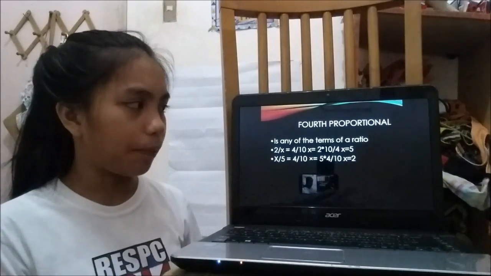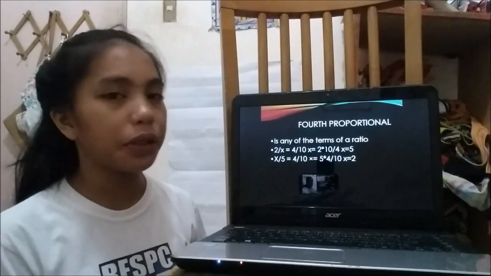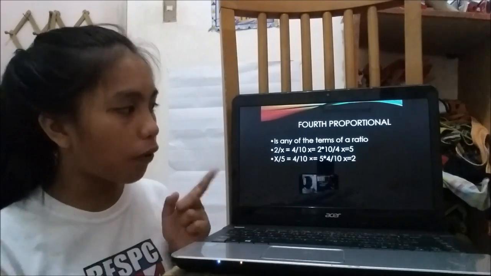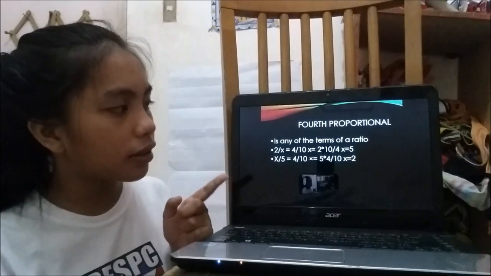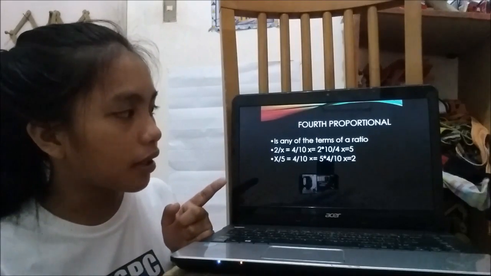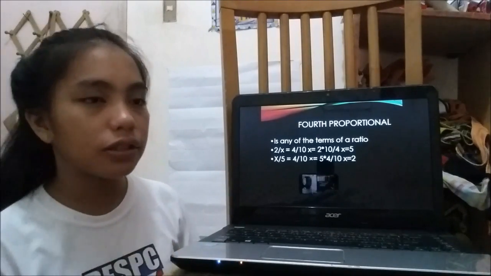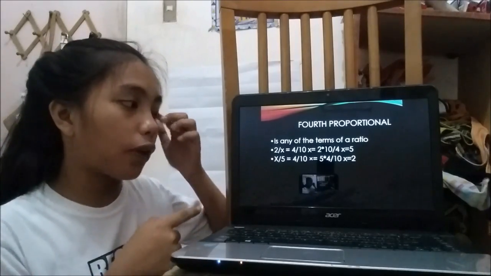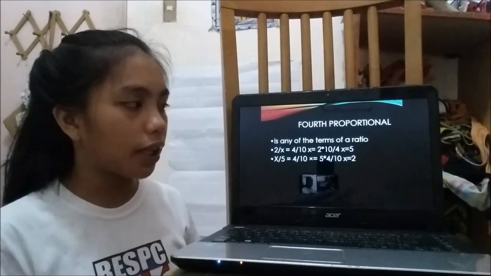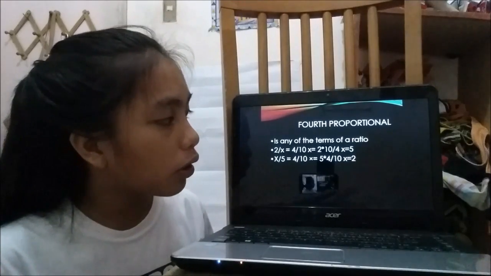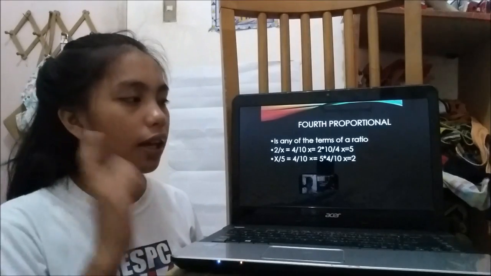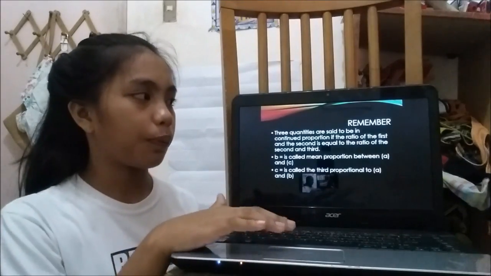Fourth proportional is any of the terms of a ratio. 2 over x is equal to 4 over 10, x is equal to 2 times 10 over 4, so x is equal to 5. x over 5 is equal to 4 over 10, x is equal to 5 times 4 over 10, so x is 2.